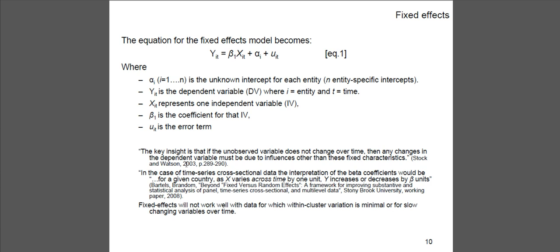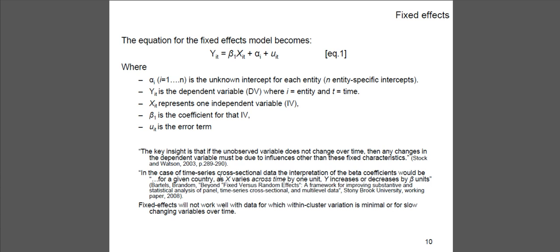The key insight is that if the unobserved variable does not change over time, then any changes in the dependent variable must be due to influences other than the fixed characteristics. This is according to Stock and Watson 2003.